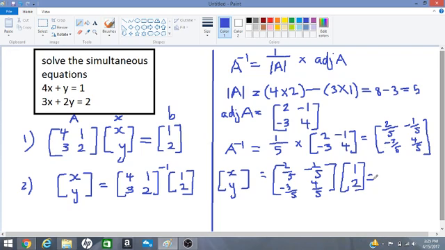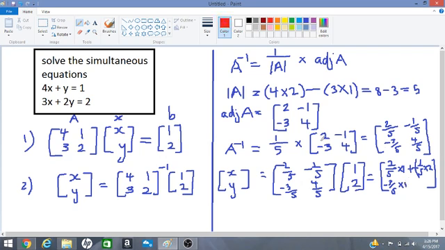Let's see what happens. 2/5 times 1 plus negative 1 over 5 times 2. And negative 3 over 5 times 1.